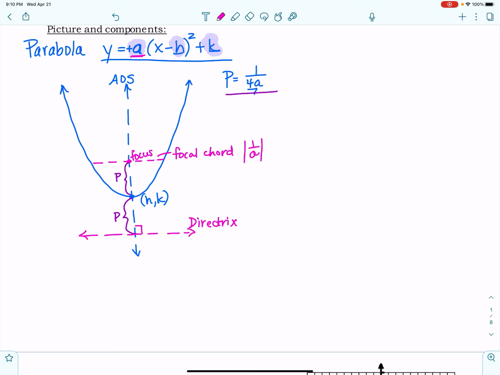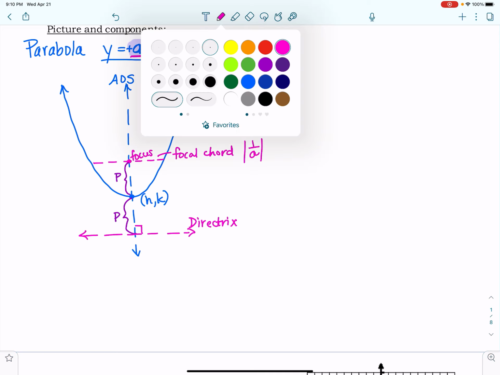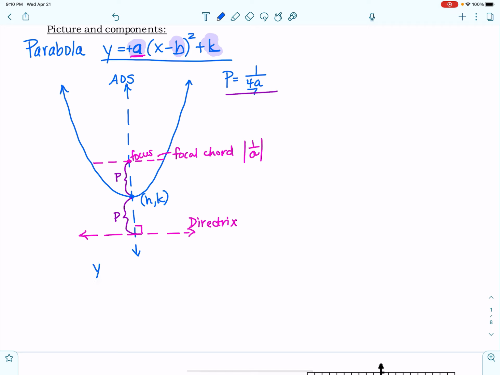All right, so this is what your parabola will look like when you have y equals positive a times (x minus h) squared plus k. All right, so now let's talk about what it will look like when y equals negative a times (x minus h) squared plus k.